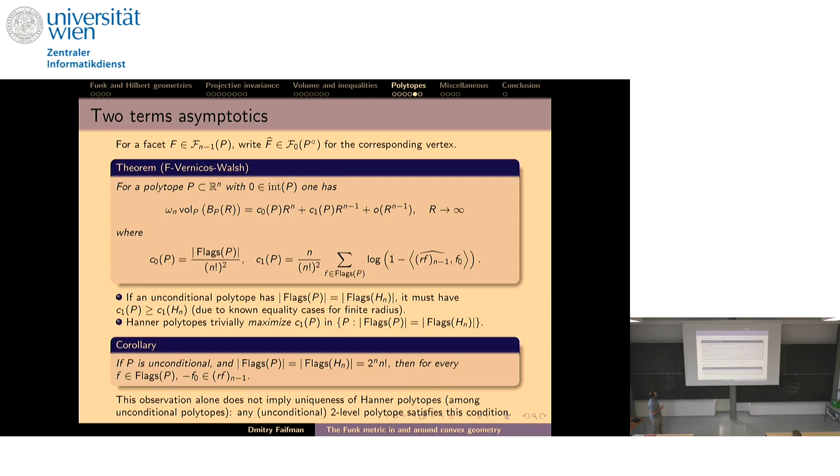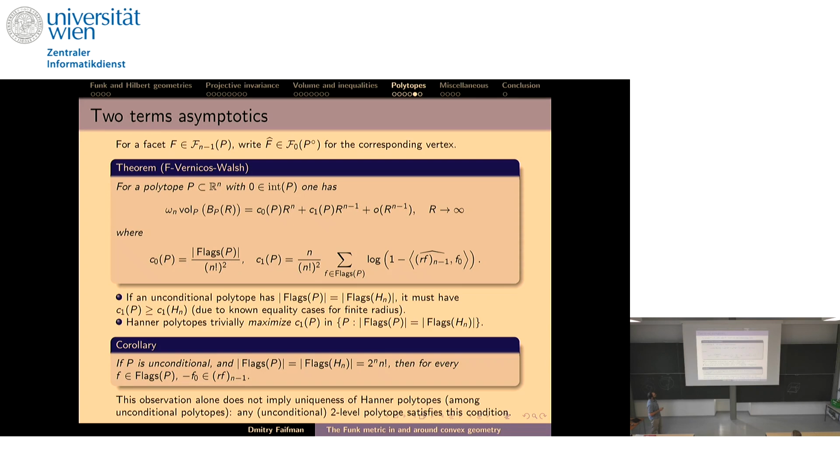Well, let me explain that because it fits the time. So for instance, if you have an equality case, so you have a polytope with a flag number the same as the Hanner polytope, then definitely the first coefficient must be greater or equal to the one of the Hanner polytope, because if it were smaller, it would violate the known equality cases for finite radius. There would be some large radius for which it would be violated. So you must have that.